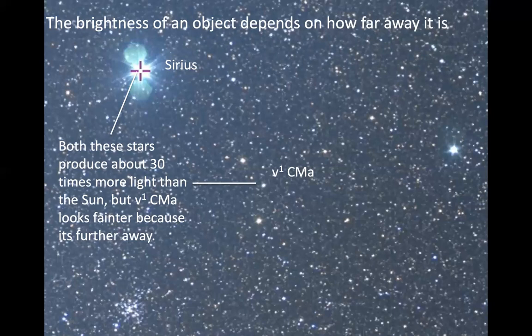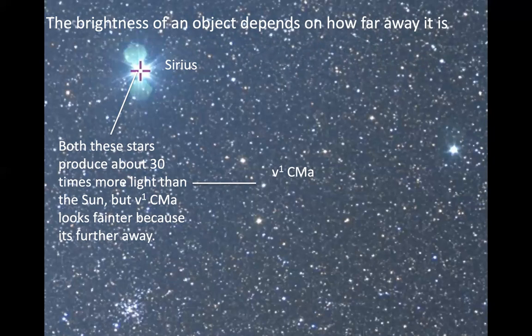It's more like many of the other stars in this image. That difference arises because this star, Nu 1 Canis Majoris, is much, much further away. And distance between us and a source of light is an important aspect of how bright a star appears.